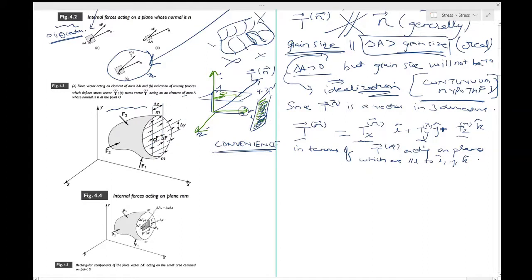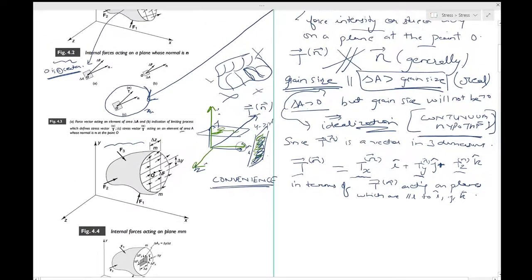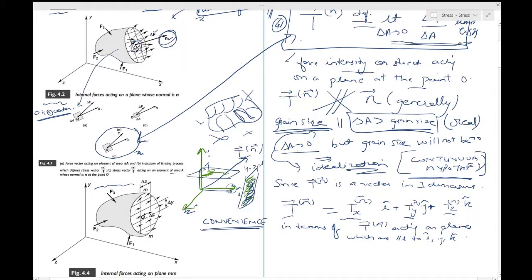And so we will now repeat our arguments for the force vector and the force intensity for the arbitrarily defined plane with normal n by applying them to an element of area A in the plane mm. So we'll consider this small area and apply the same arguments which we have done before. Now on the small, which argument? This argument, this definition.